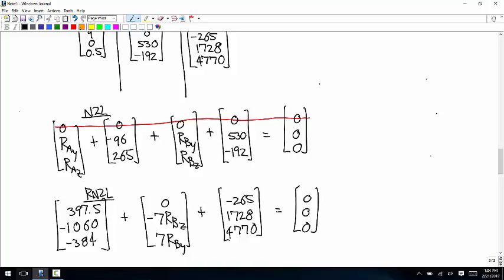And before we started this problem, we said the x equation we're not going to use.